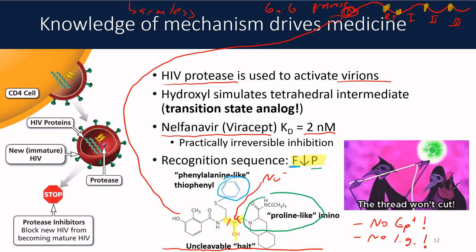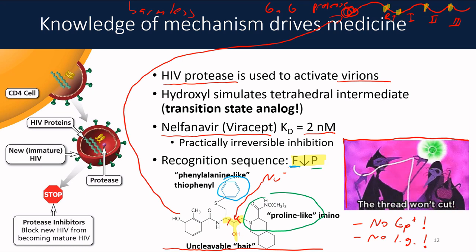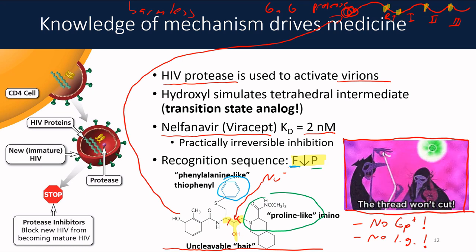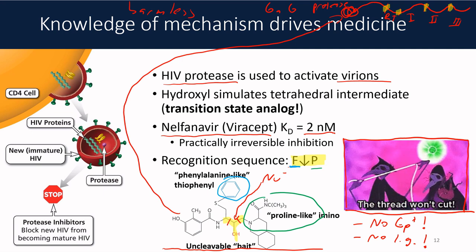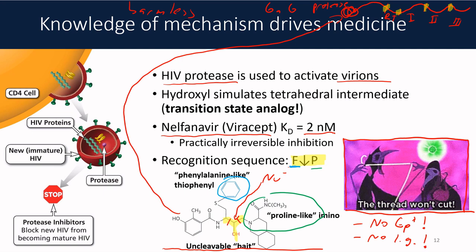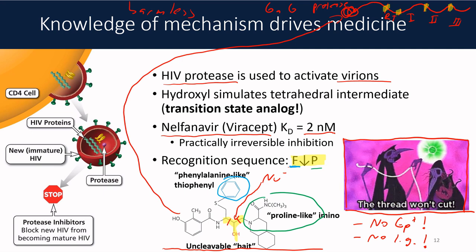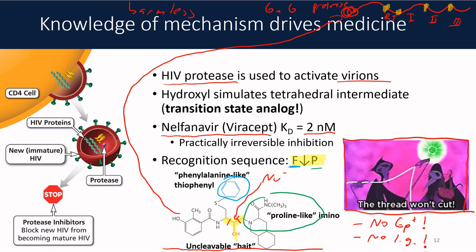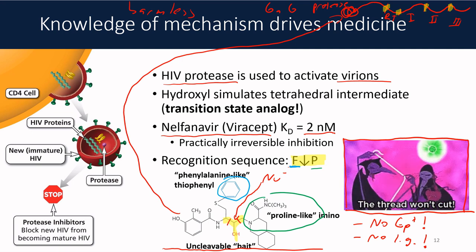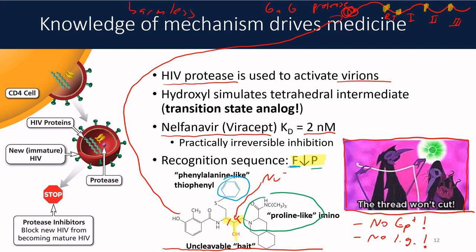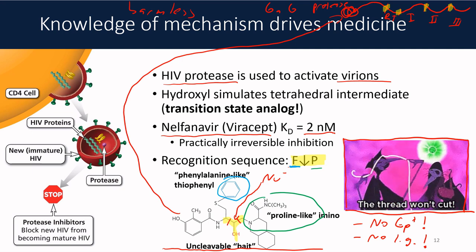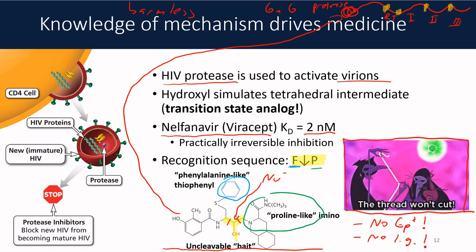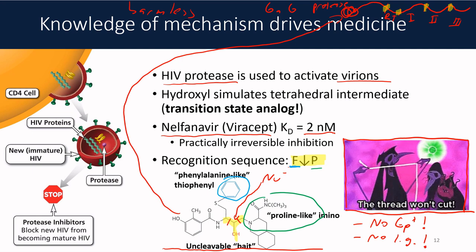So if you ever saw the movie Hercules, a Disney 90s classic, it's kind of like when Hercules became immortal and his thread of life got turned into that impervious gold filament, and the scissors would just break on it when the fates try to cut it. You know, the string won't cut. It's just like that. None of that would have been possible without thoroughly understanding the mechanism of HIV protease.